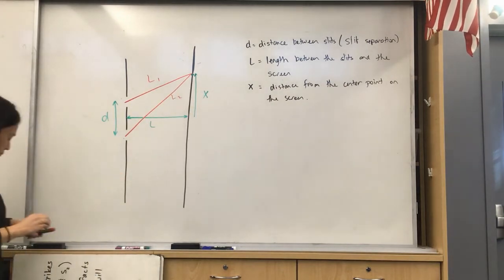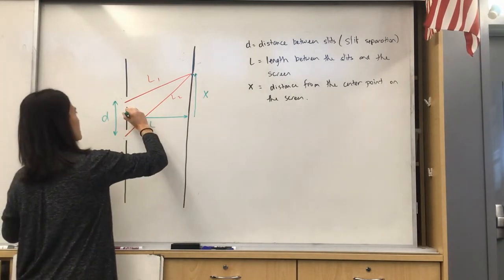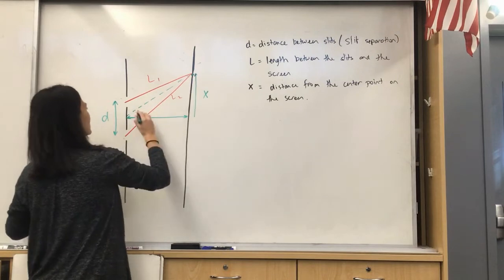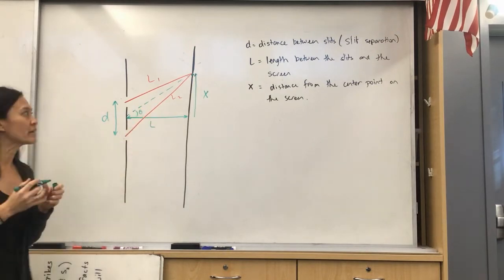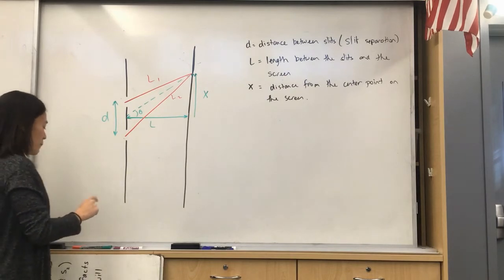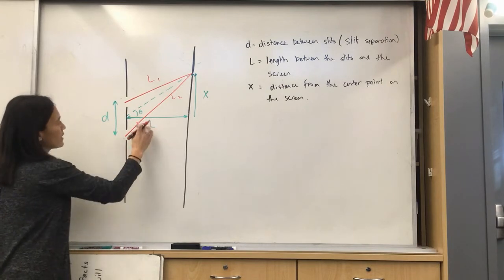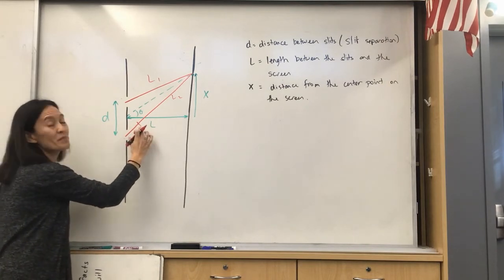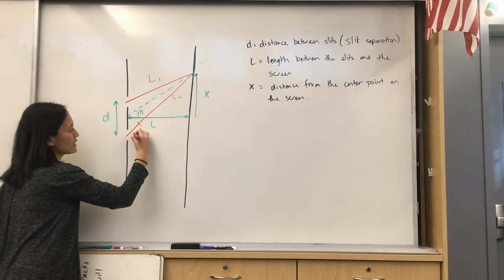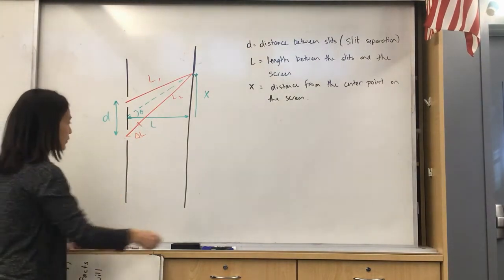Another way to visualize this is if I look at the average here, this angle is some theta value, right? And the path length difference is actually this extra distance, this wave travels this much extra. So that physically is the delta L right there.